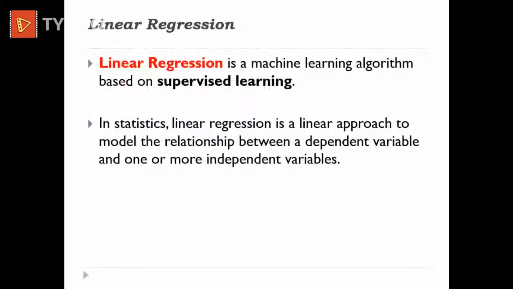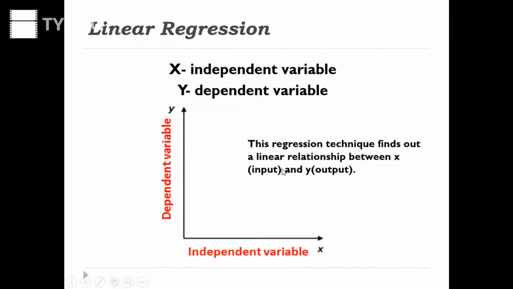What is linear regression? Linear regression in statistics is one of the simplest and most widely used algorithms in machine learning. Linear regression basically uses a linear approach, as the name suggests, to model the relationship between a dependent variable and one or more independent variables. So, what are dependent and independent variables? Let's have a look. Let's consider x as our independent variable and y as our dependent variable.